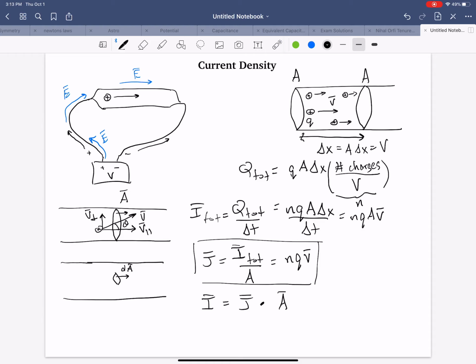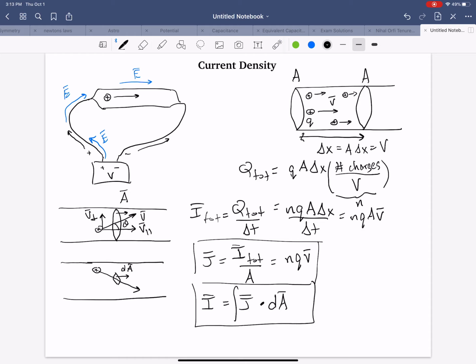And if that charge is still moving at some angle, like that, it still has components. And so this is just another way to account for what if the area is changing. So in this case, we dot J into dA and take the integral.